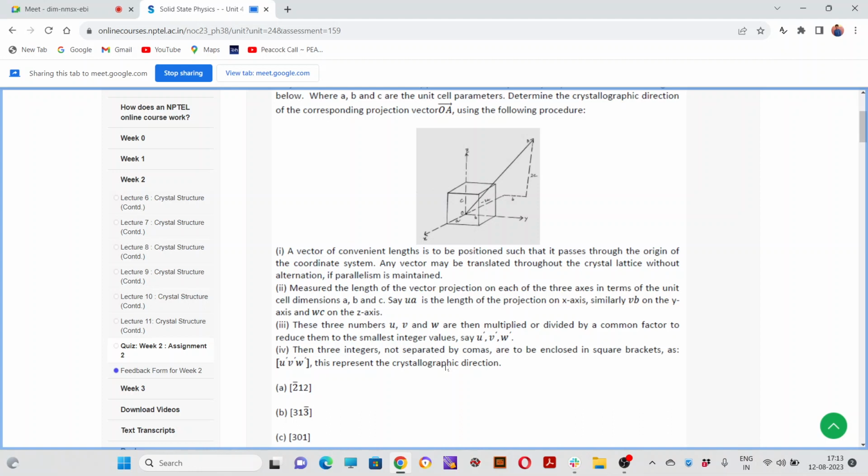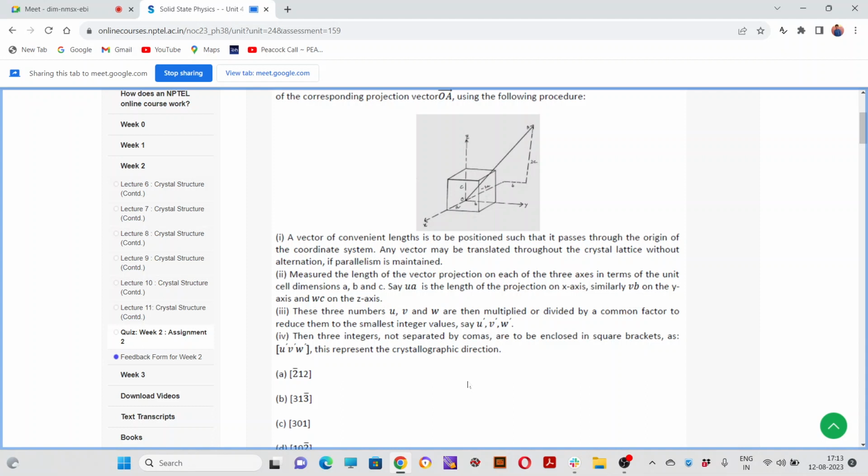Then the three integers, not separated by commas, are to be enclosed in square brackets as [uvw]. This represents the crystallographic direction. So we know the Miller indices for a plane, which you can write as hkl, enclosed in parentheses, and in the case of directional indices, it is enclosed in square brackets. If we solve this problem or some examples, then it will be clearer.